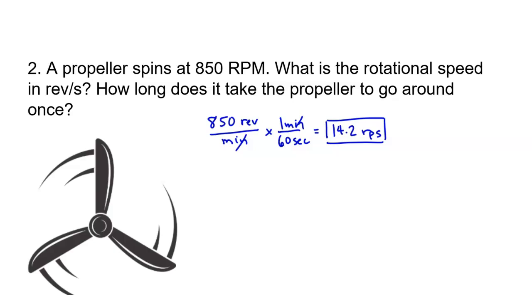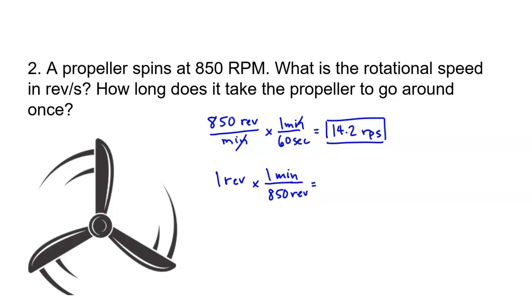And now I'm going to calculate how long it takes the propeller to go around once. So 1 revolution, going around once, times, and I know that in 1 minute it goes 850 revolutions.